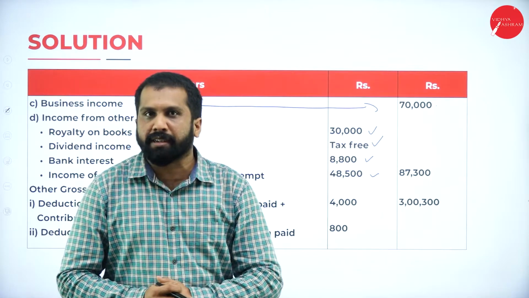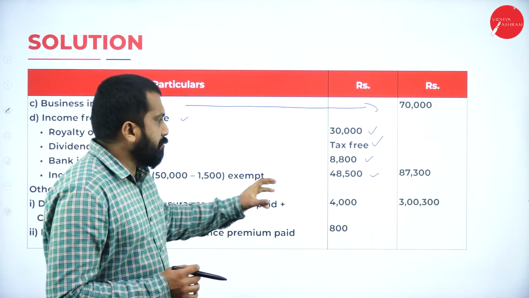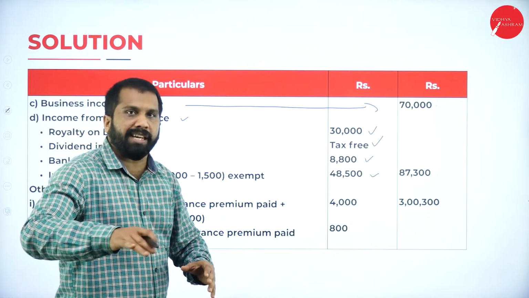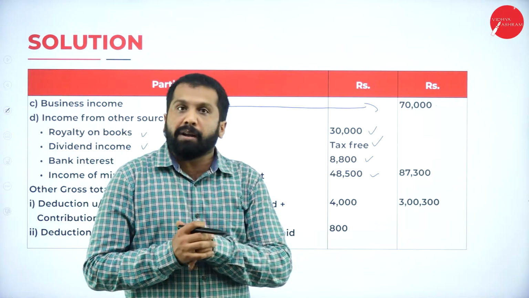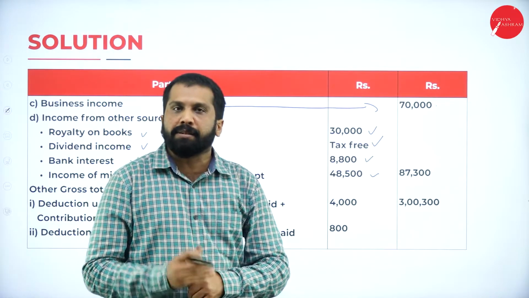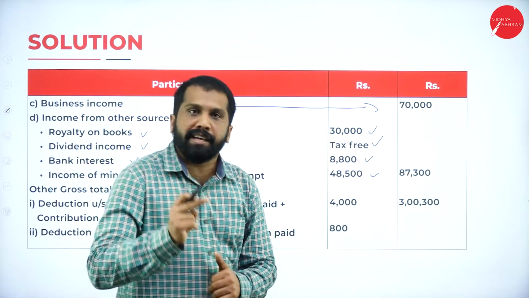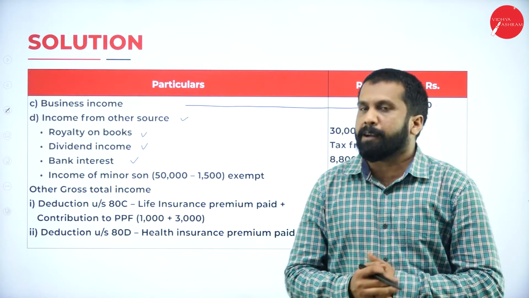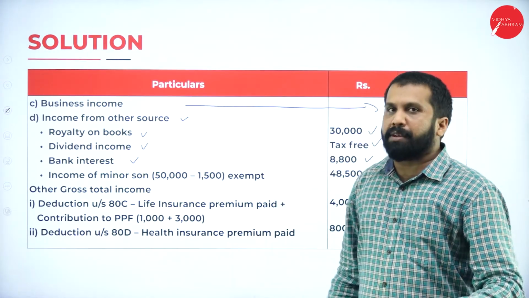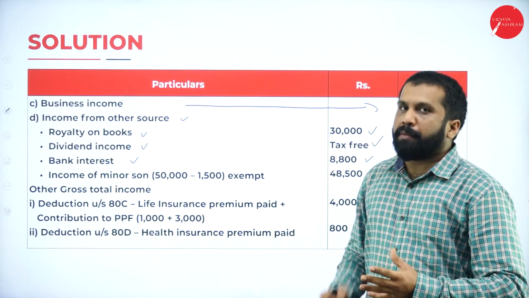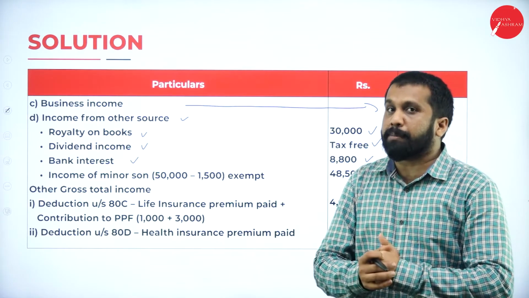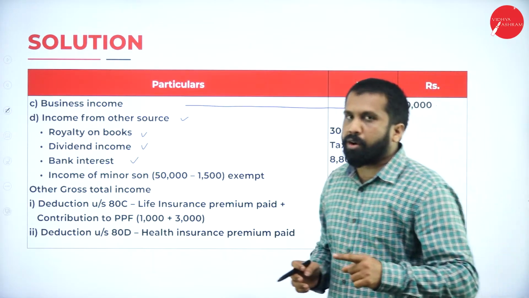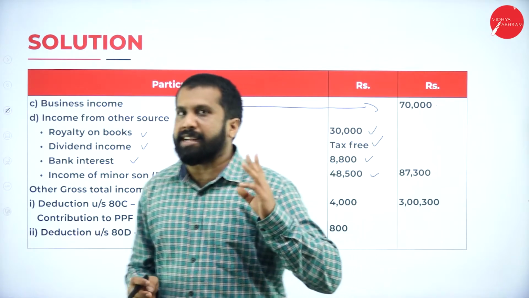What is clubbing of income? You have a child or daughter. At what age will you become an assessee? If you are 18 and above, you are eligible to be an assessee. But your daughter or child may be 10 or 12 years old, and your daughter went for some advertisement.